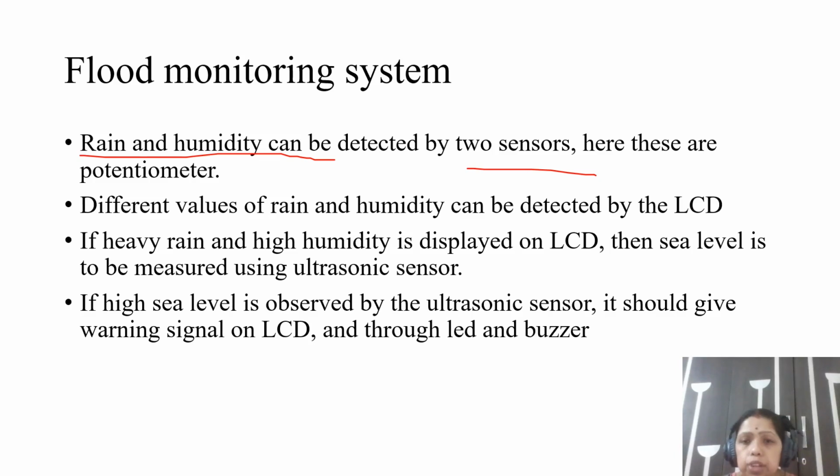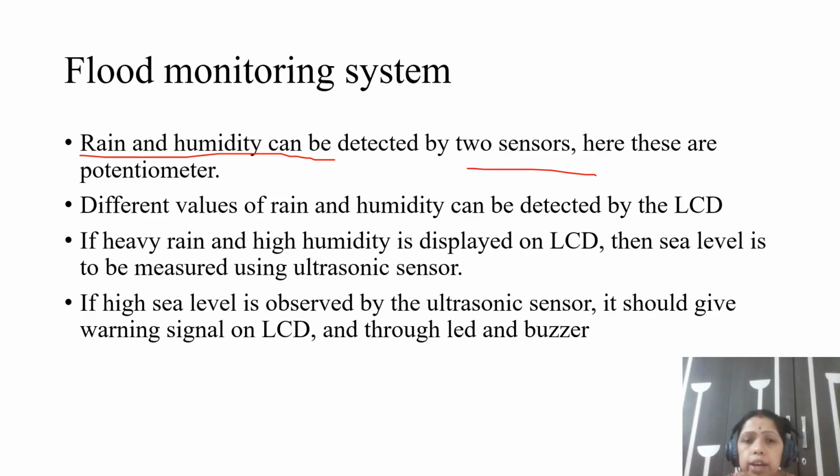If the rain is high and humidity is high, only at that time will the sea level be monitored by the ultrasonic sensor. So when I write the program, it will work like that. When the humidity and rain level are high, the ultrasonic sensor will measure the sea level.